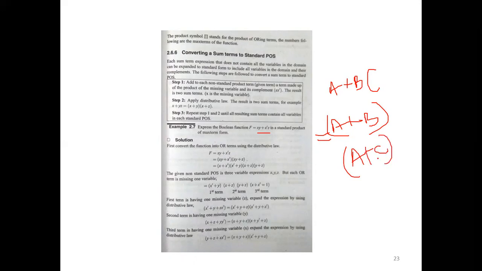We already know one formula: a plus bc is equal to (a plus b) into (a plus c). Using this formula we can simplify all the concepts. Here we consider xy as a, x bar as b, and z as c.